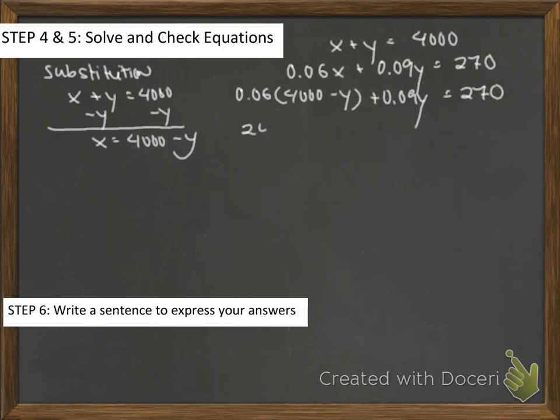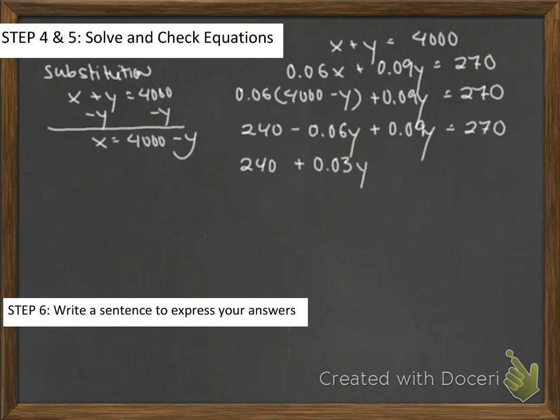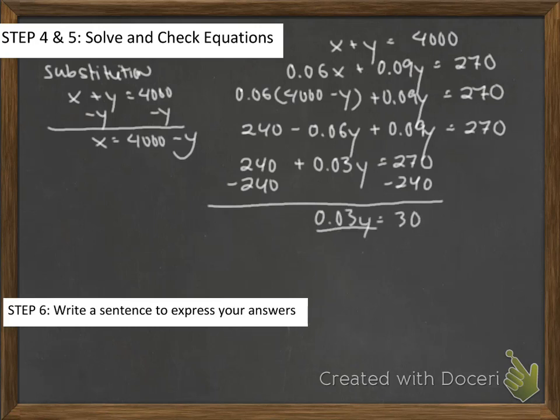So this gives me 240 minus 0.06y plus 0.09y equals 270. Okay, then I can combine these like terms. That gives me positive 0.03y. Then I can subtract 240 from both sides of my equation, and that gives me 0.03y equals 30. And then I can divide both sides by 0.03. And that gives me y equals 1,000.